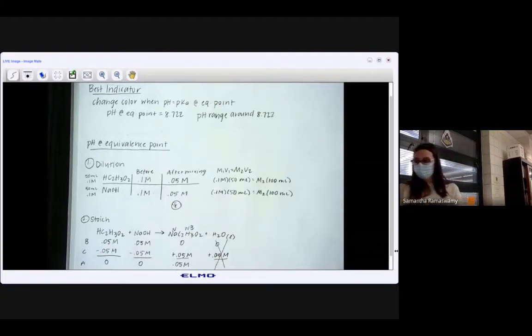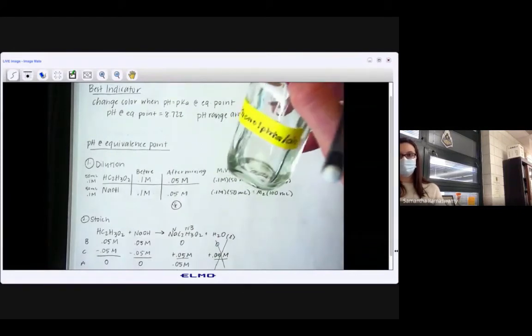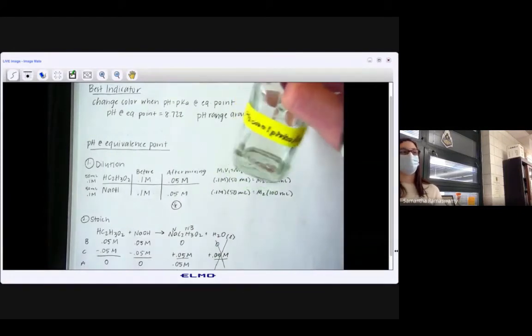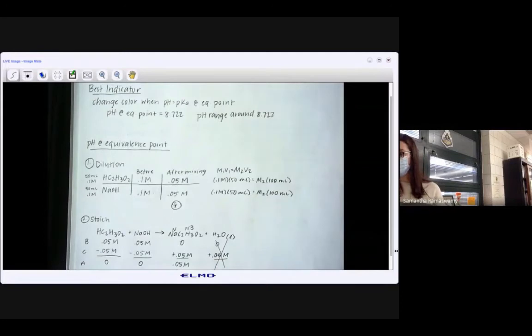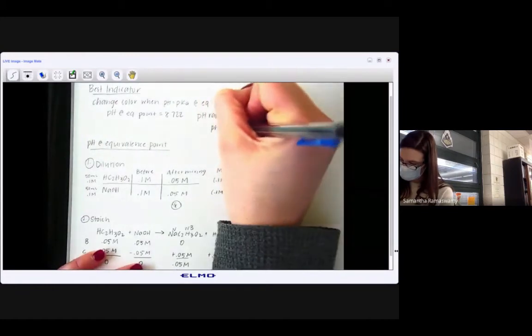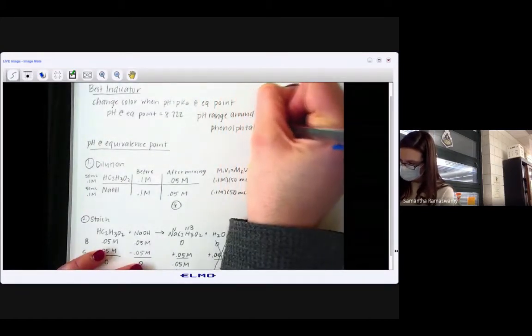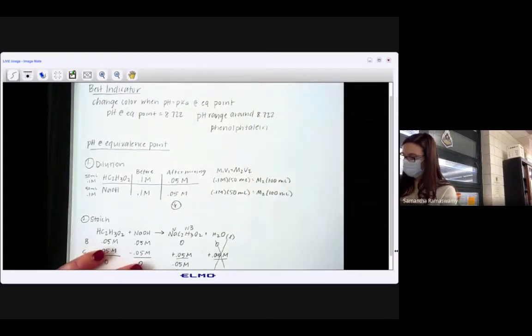Well, the one indicator that we use a lot, actually I have it right here, is phenolphthalein. Phenolphthalein actually has a pKa of 9, so its range is 8 to 10. So the best indicator is phenolphthalein.